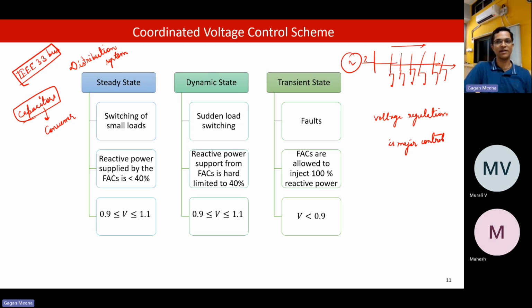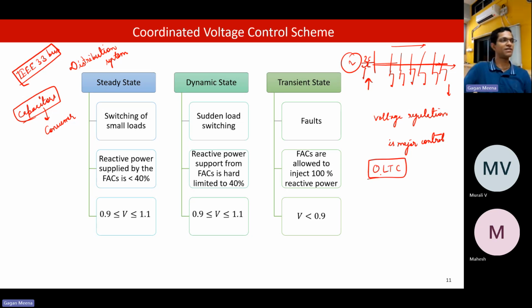Here we have this OLTC, the on-load tap changing transformer. If the voltage here is reducing, we can change the tap and boost the voltage, and the voltage profile will improve. But it is a mechanical device, right?